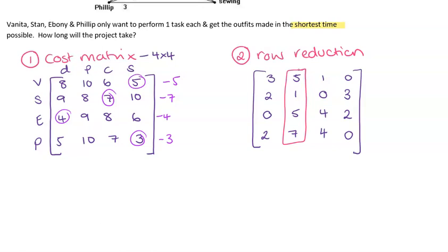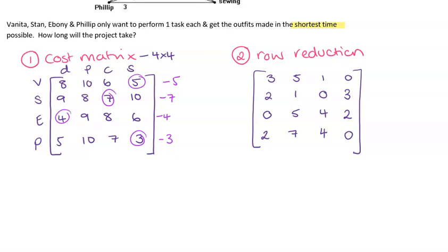And if Stan has been assigned to the cutting of the material, well, he's the best person to do the purchasing, but he's already got a job. The other problem that we have is that 2 people have the sewing as their best option, and we can only have one person assigned to each of the 4 tasks. So at the moment, we're not in a position to be able to allocate appropriately.